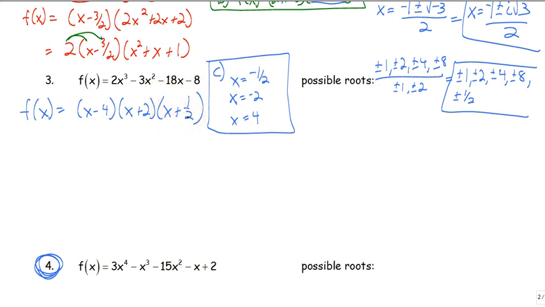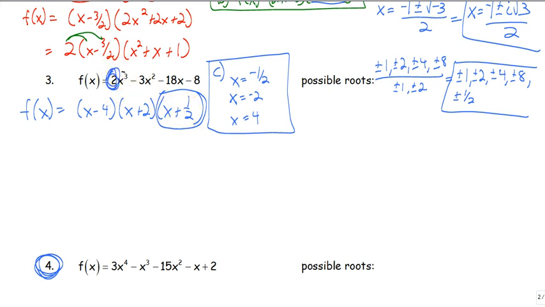Now the problem is, within the factoring, there should be a number 2, right? Because this is 2x cubed. Well, if I multiply x times x times x, I only get x cubed. This factor here is missing its 2, because we just went right to the graph to get our answers. So you have to remember that if you do all the answers by graphing, if there is a factor with a fraction in it, you have to multiply by the number that is in front.